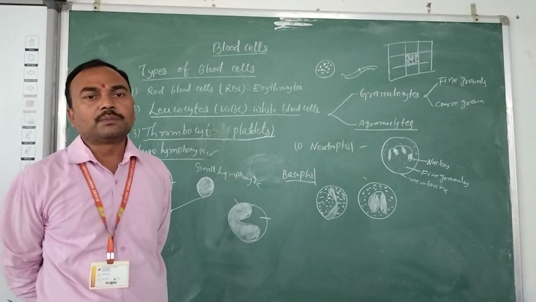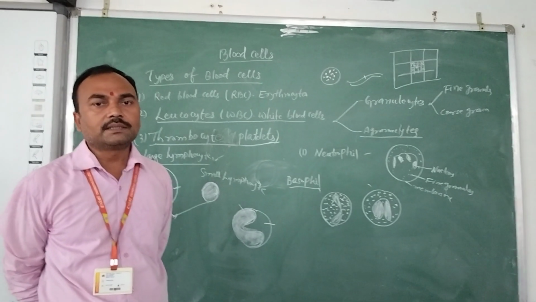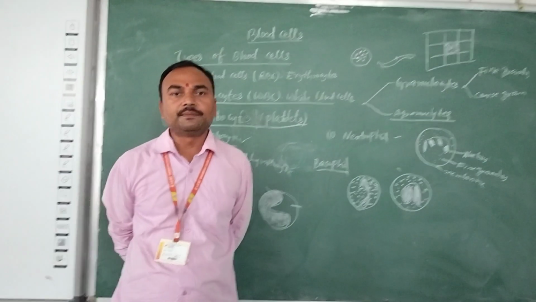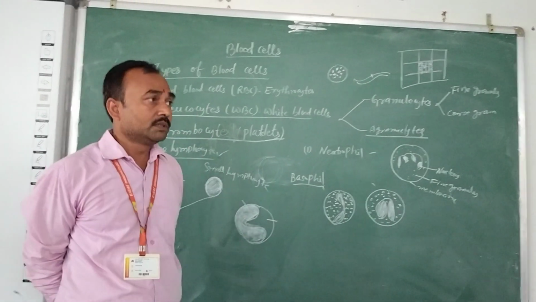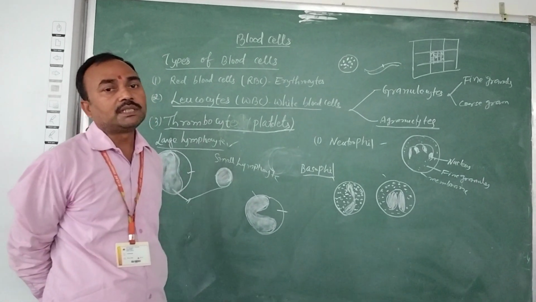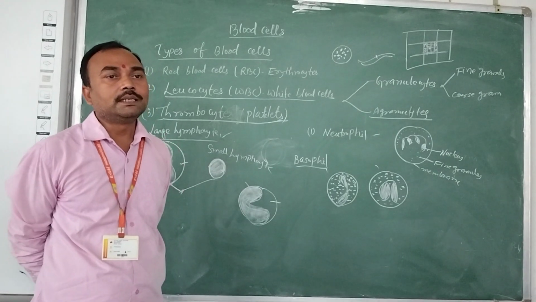These are some examples of anemia related to red blood cell deficiency. Red blood cell morphology can also change during diseases.